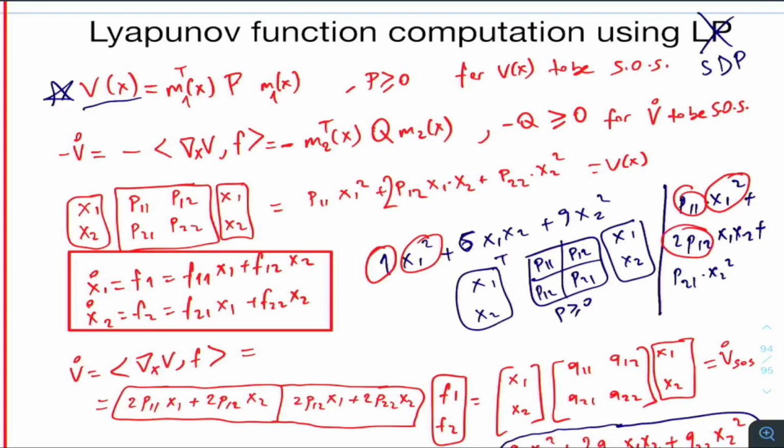maybe it would be better if I use non-symmetric, but non-symmetric would be, yeah, no bueno. So let's use the x1 times x2 terms, coefficient 2 P12, right? 2 P12 goes 6, and again 9 P21.